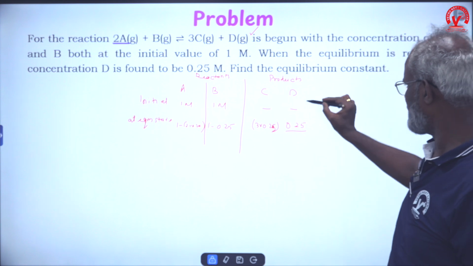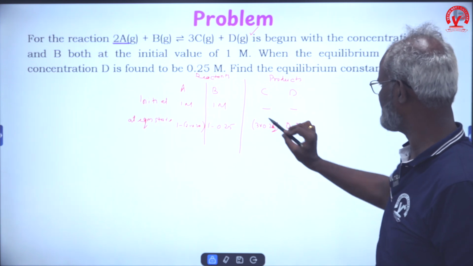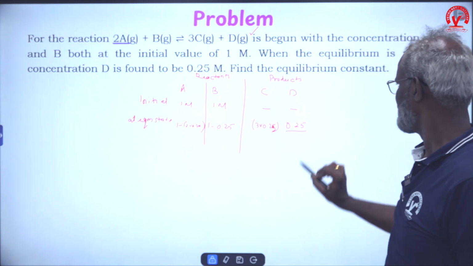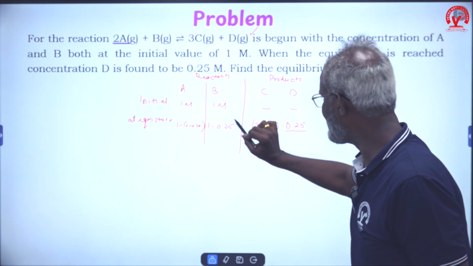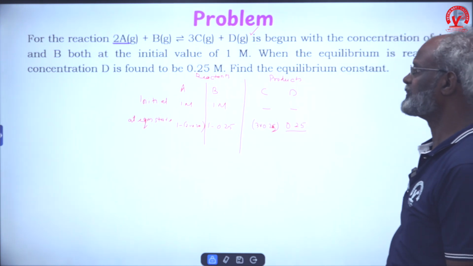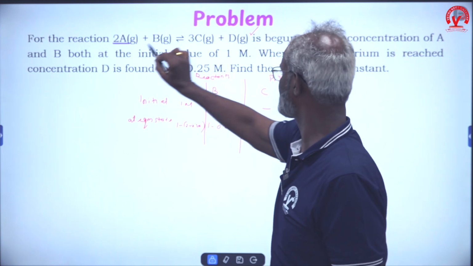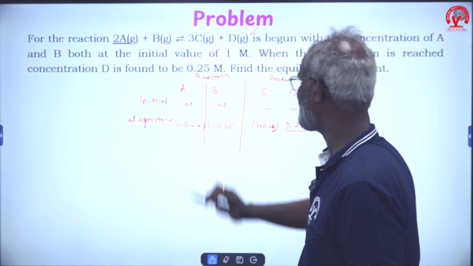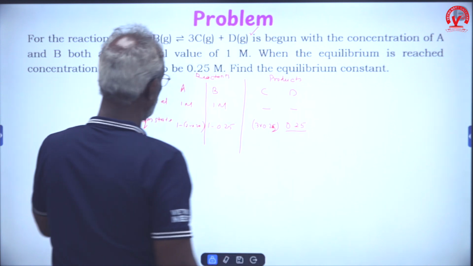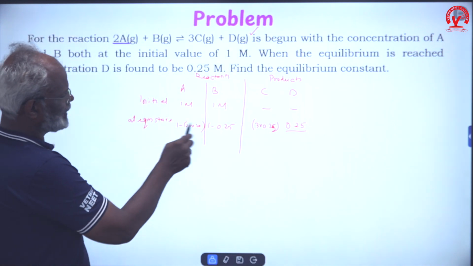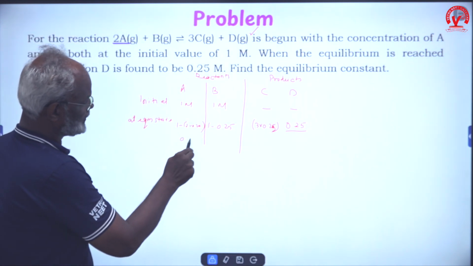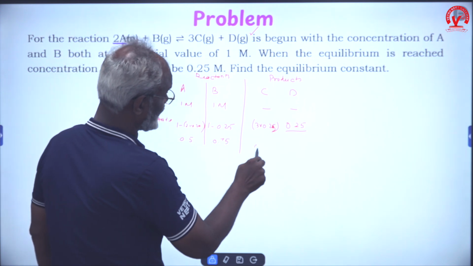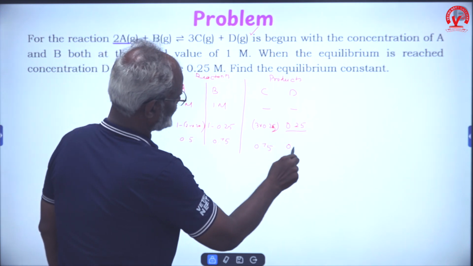D is 0.25, stoichiometrically 3 times will be C. If 1 B reacts, 1 D is formed, so if it is 0.25, then B reacted is 0.25. 2A gives D, so if 0.25 D is formed, then 2 into 0.25 of A would have reacted. Therefore 1 minus 0.5 is 0.5. C is 0.75, and D is 0.25.